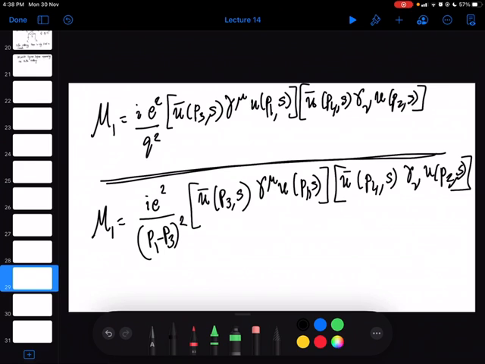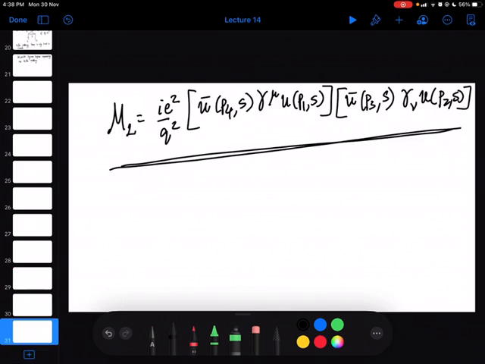Now compare this with M1. M1 is u bar P3 of s gamma mu u of P1 of s, P4 and P2. So this is P3 and P2, this is P4 and 2. So you get this amplitude if I exchange M1.